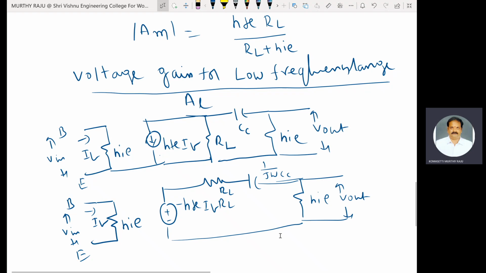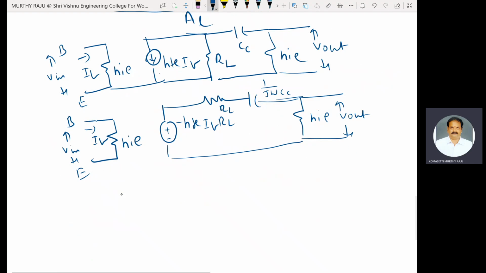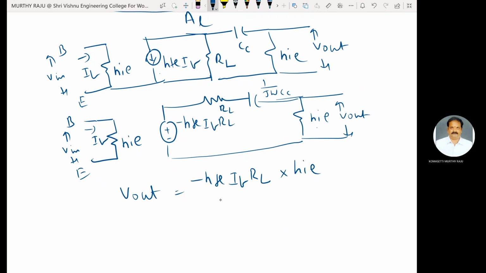Apply the voltage division rule again. According to the voltage division rule, V out is equal to the total voltage applied to the circuit, minus HFE IB RL, into HIE, because V out is across HIE.